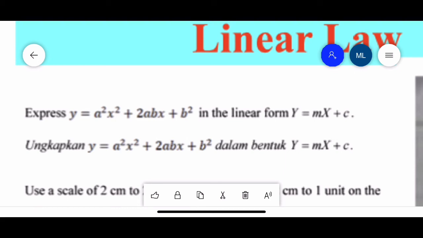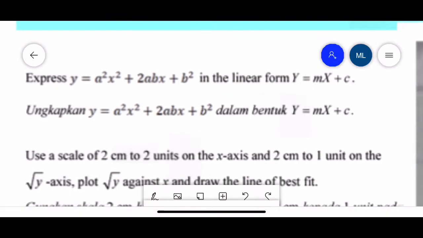So let's apply linear law so that we can convert the non-linear equation into the linear equation, and then from the linear equation we can find two important things, which are gradient and intercept. Once you get the keys M and C, you can unlock the question and solve everything.